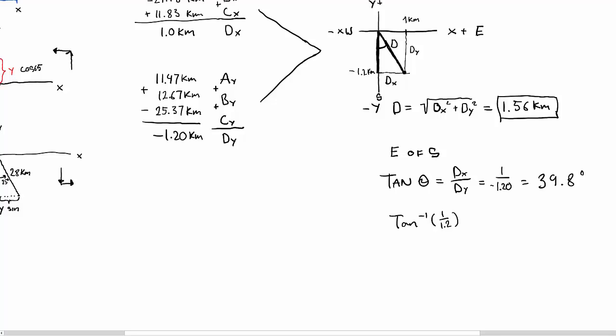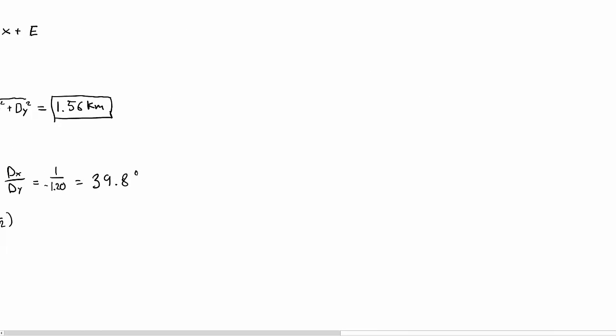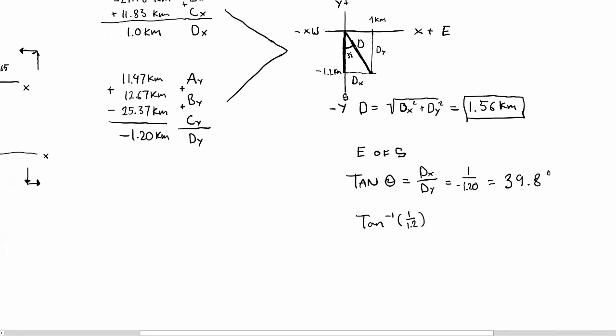Because if you don't put the inverse, you'll get a different answer. Alrighty, so this is 39.8 degrees right here. So this is east of south.